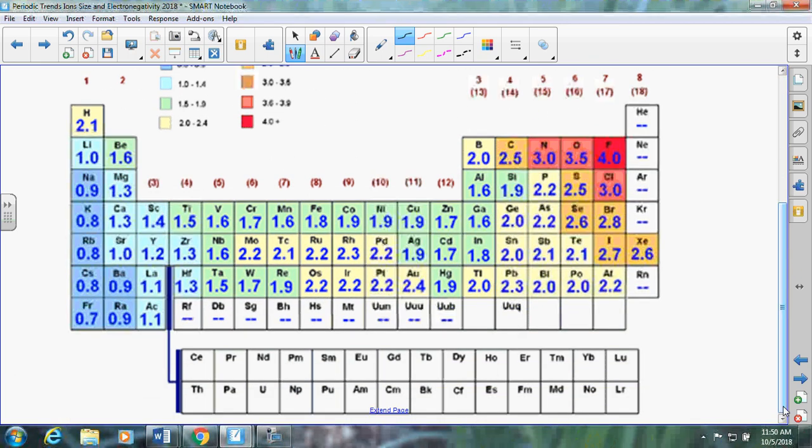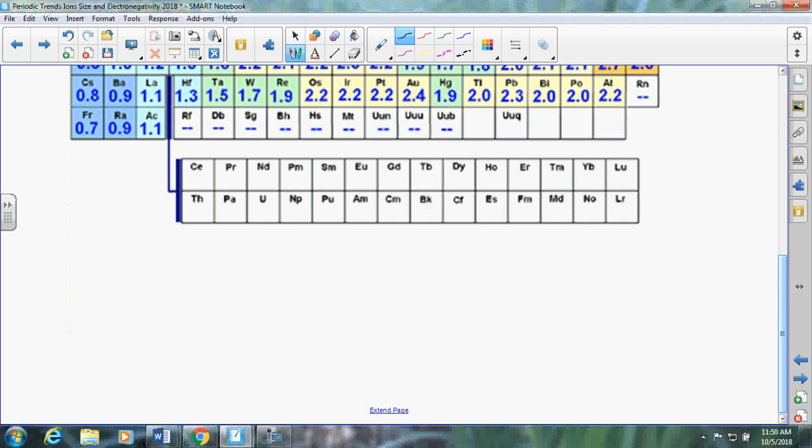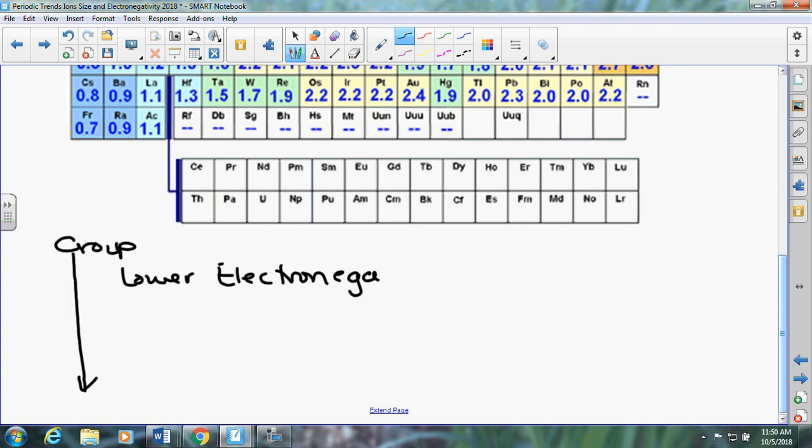So if my trend going down through the group is that we get lower electronegativity, then the question is why? And remember, electronegativity is the ability to gain an electron during bonding.